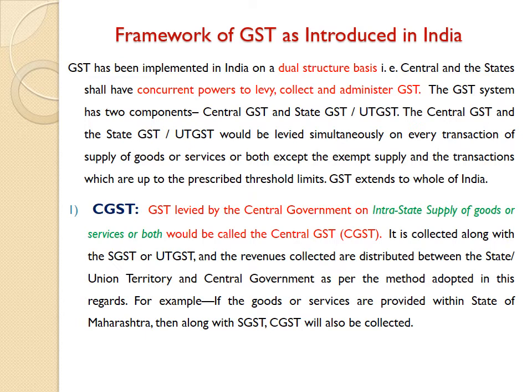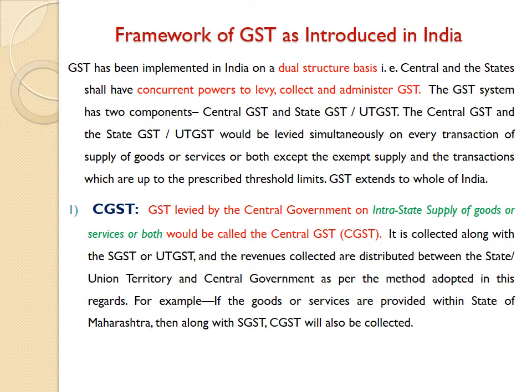GST is charged by the central government as well as the state government or union territory. The GST system has two components. One component is central GST and another component is state GST or union territory GST.